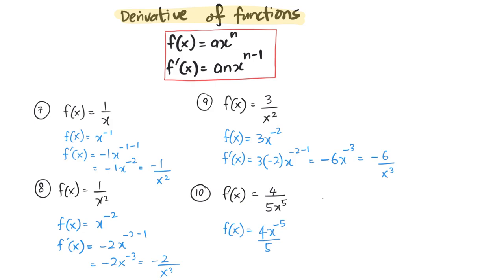That will be f prime x, 4 times negative 5, x to the power negative 5 minus 1, over 5. Okay, so this will be negative 20x to the power negative 6 over 5. 20 and 5 we can simplify. This is 1, this is 4. So we get negative 4x to the power negative 6.